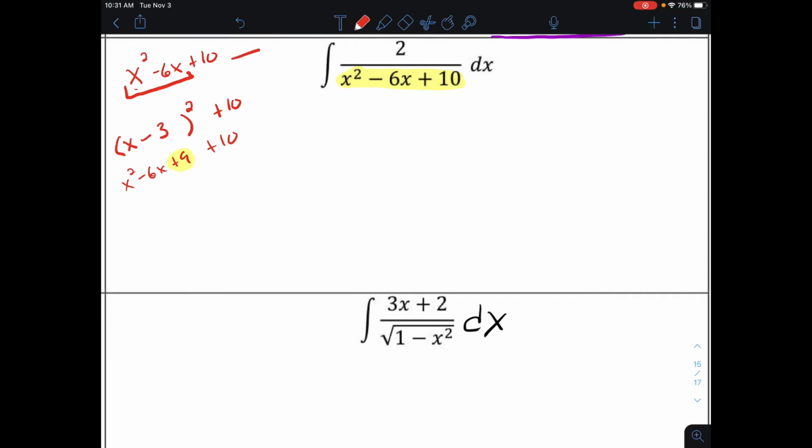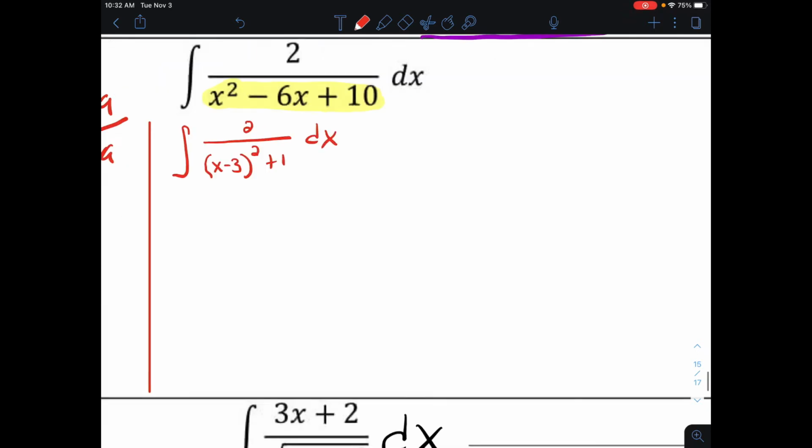So what I would need to do is I would need to subtract here by 9, so that way I still would maintain my balance in my equation, where it would take me back to what I originally had. So our denominator would be x minus 3 squared plus 1. All right, so we rewrite our problem, where we rewrite our denominator as x minus 3 being squared plus 1.